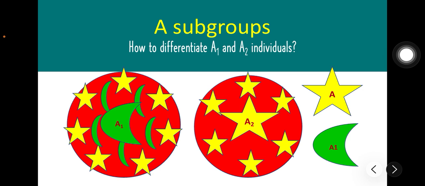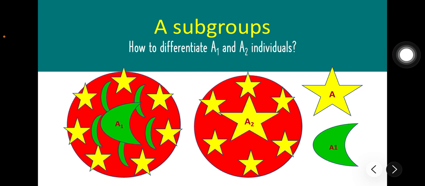This lectin specifically agglutinates A1 cells but does not react with your A2 cells. For example, if a person's blood types as group A but shows no reaction when tested with anti-A1 lectin, they are classified as an A2 individual.